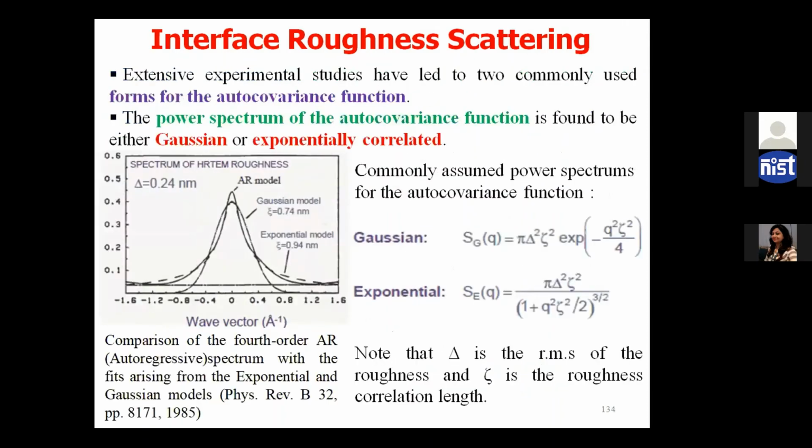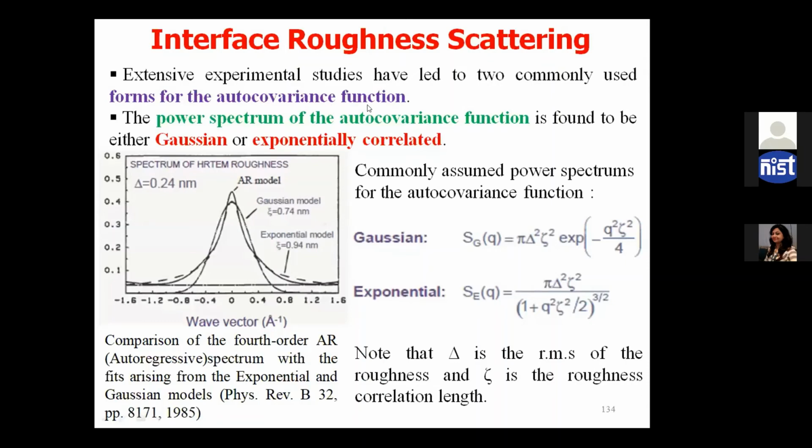So you can see on the high resolution TEM, that is transmission electron microscopy. You see, we can model this IR. Extensive experimental studies have led to two commonly used forms for the autocovariance function.